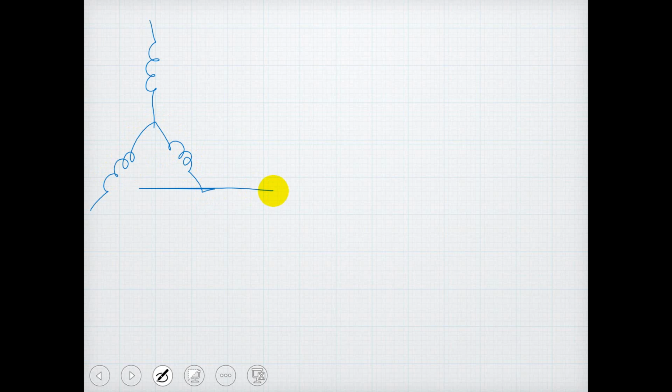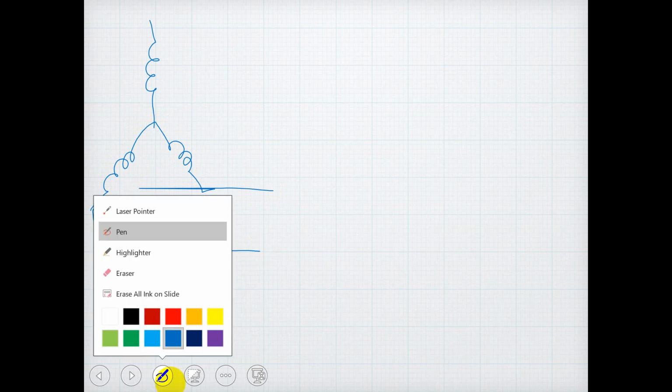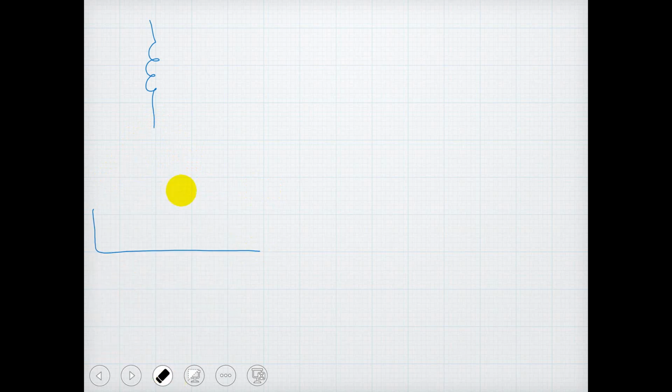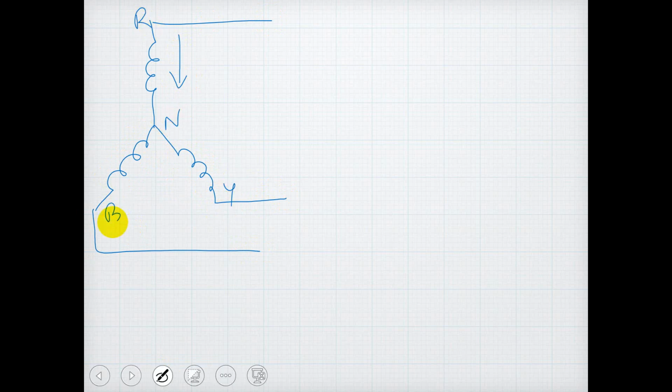So using this, I had written the indication this one. So this is R and N. This is Y, B. So this can be VRN, this can be VYN, and this can be VBN.